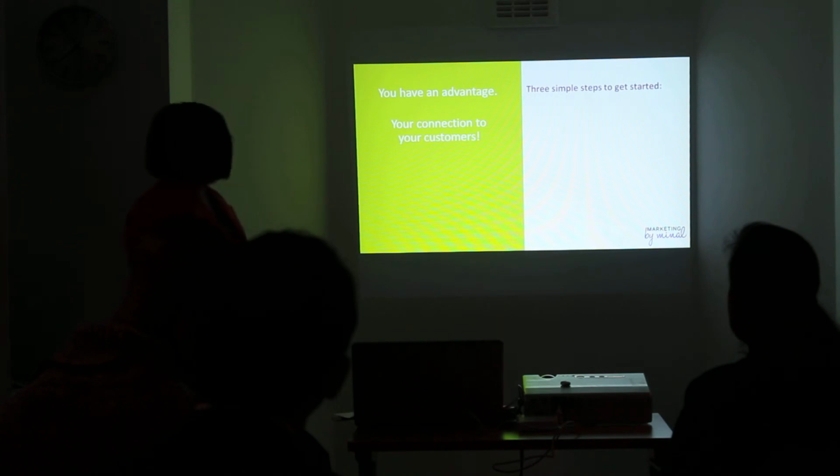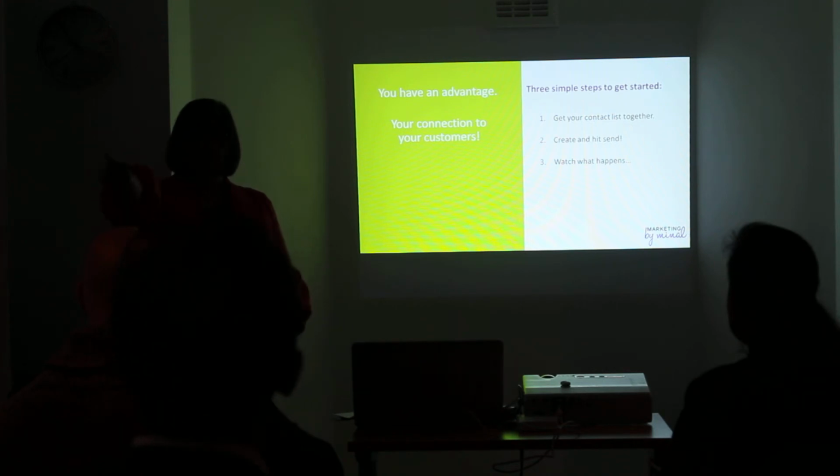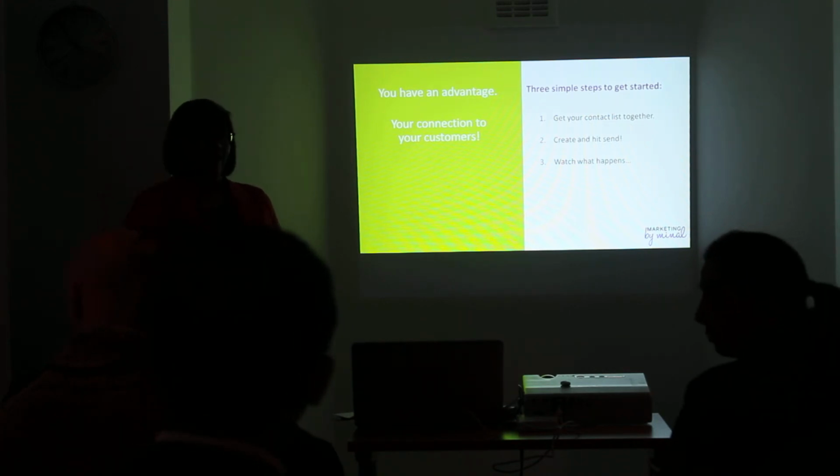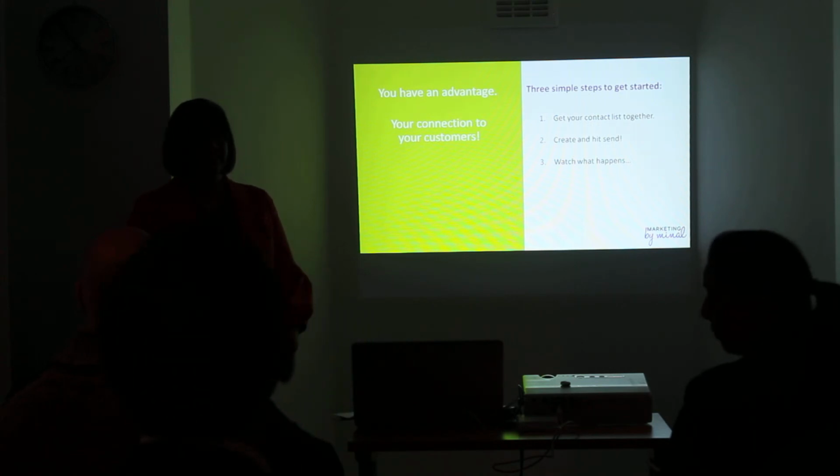There are 3 simple things that you can do to get started. Just get your contact list together. If it's 5 people, that's fine. When I started, my husband and me, that's who was on my contact list. And now I have nearly 300 people.